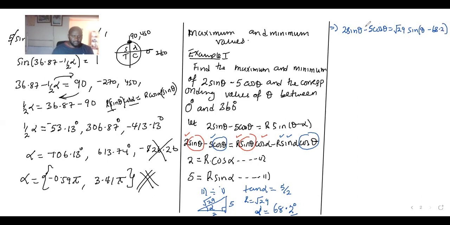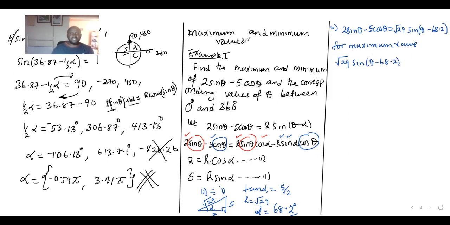So for the maximum value of the expression, you look for the maximum of root 29 sine of theta minus 68.2.